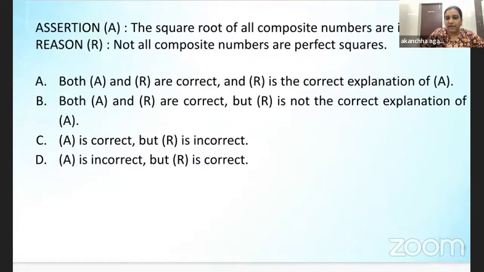Fine. So again, we have an assertion reason question. Let us try to solve it. I'll give you exactly 1 minute to think and answer me. Let's try it out.